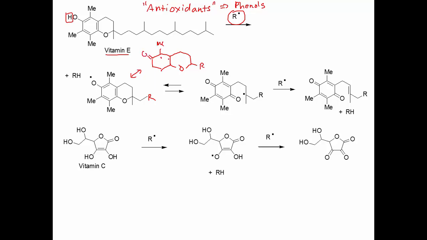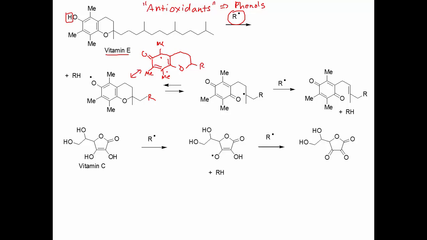Okay, and that radical right there is tertiary, so that's pretty good. And we can write some more allylic type resonance forms. The gist here is that the radical that you get from pulling that hydrogen off is much more stable and hence less reactive than the unstabilized radical that you started with.